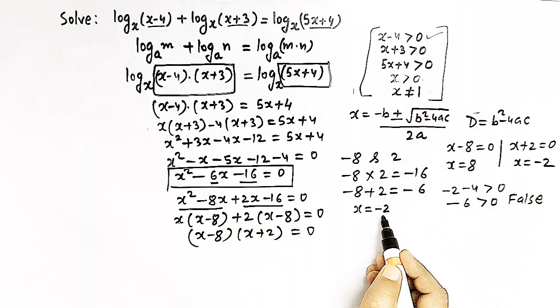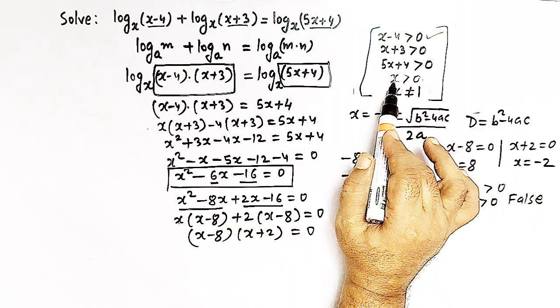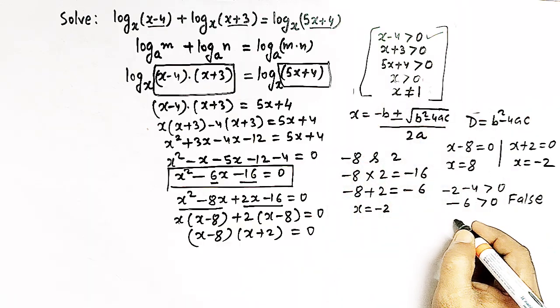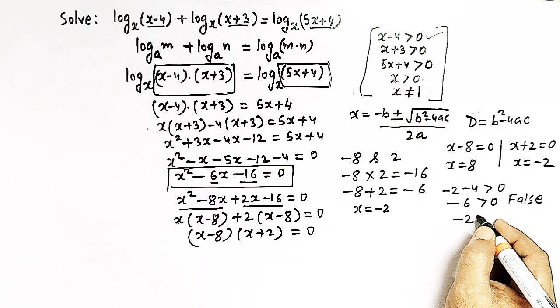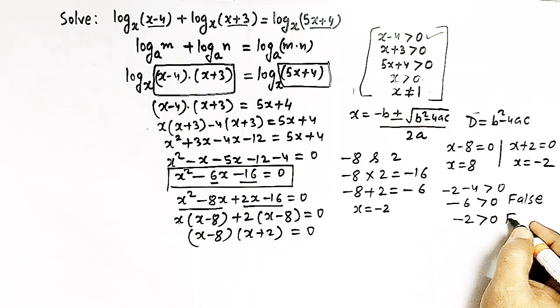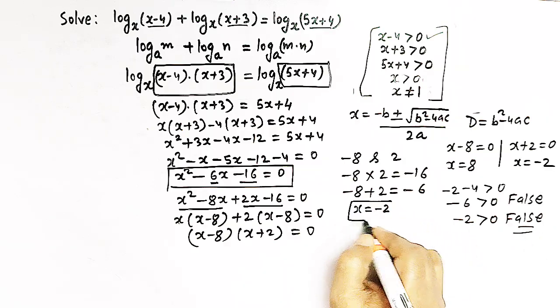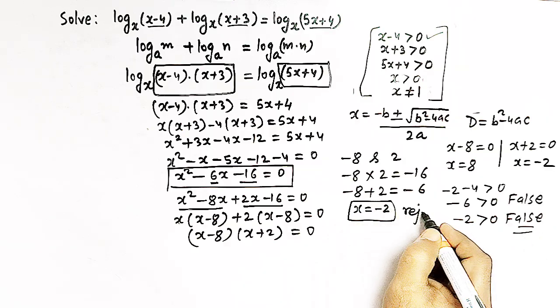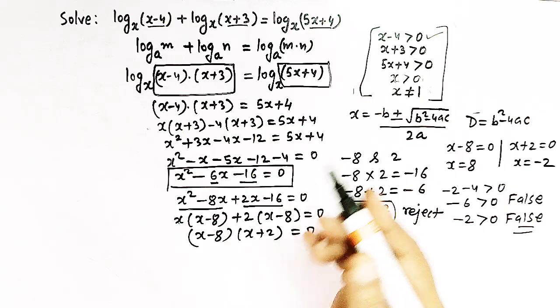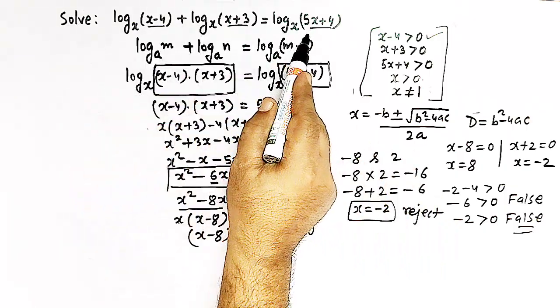And similarly this value does not satisfy x greater than 0, because minus 2 is greater than 0 is again a false statement, right? So we can reject this value of x as a solution of this equation, right?